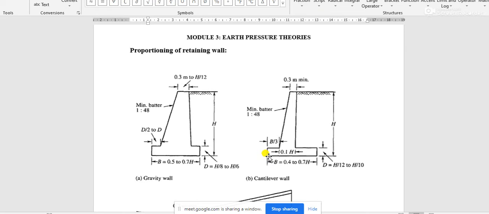This point is called the toe. This kind of failure is called overturning failure. So we have to check if the retaining wall is resistant enough to prevent this overturning failure.